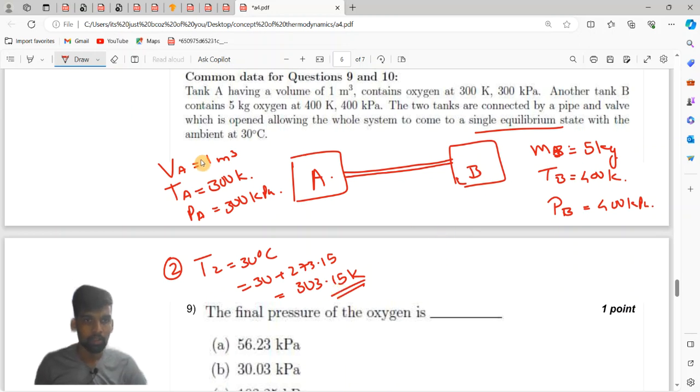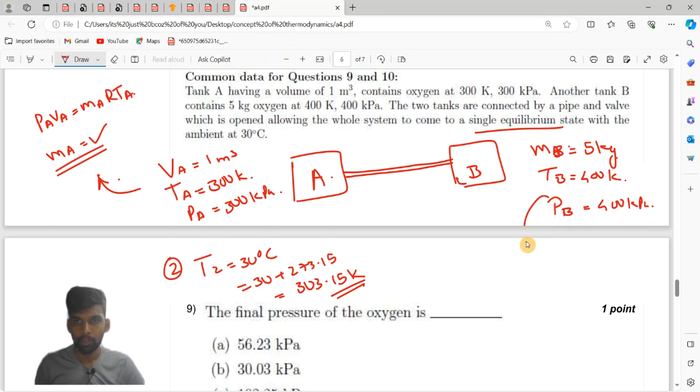From this information, we know that PV is equal to MRT. So we will get MA after solving this. Similarly for tank B, PB VB = MB R TB. After solving this, we will get PB.